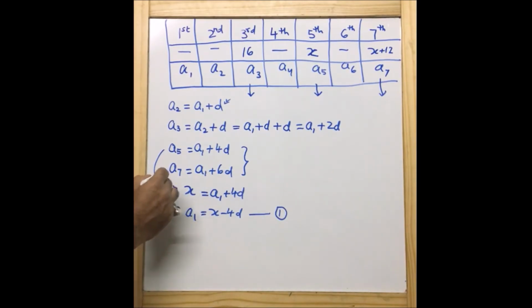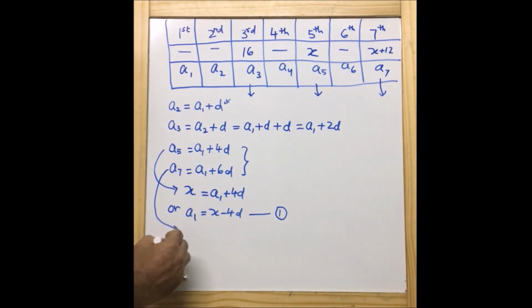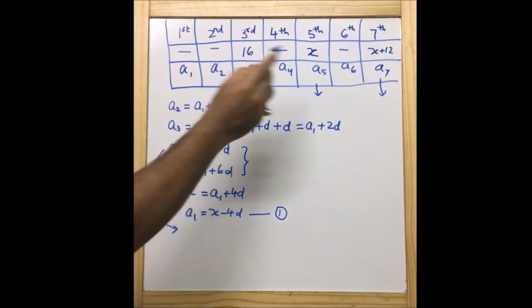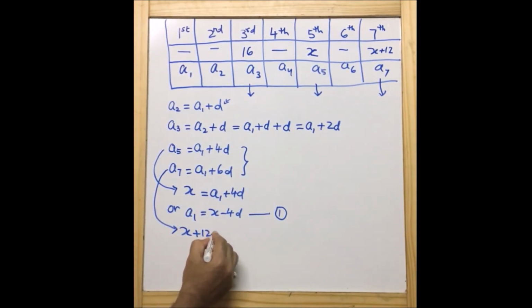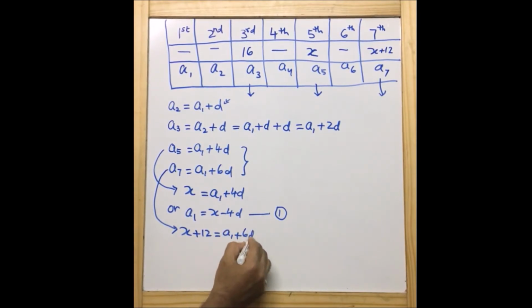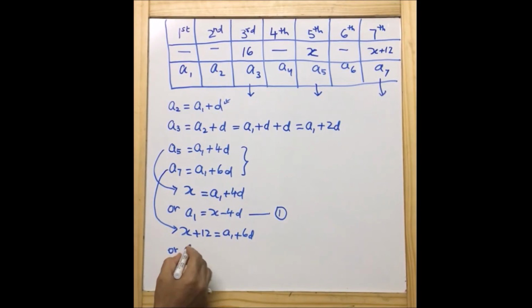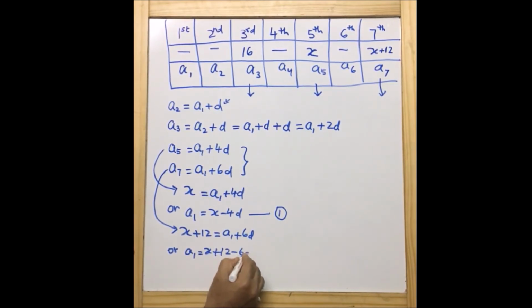Now let us move on to A7. A7 is x plus 12, so I can write x plus 12 is equal to A1 plus 6D, or A1 is equal to x plus 12 minus 6D.